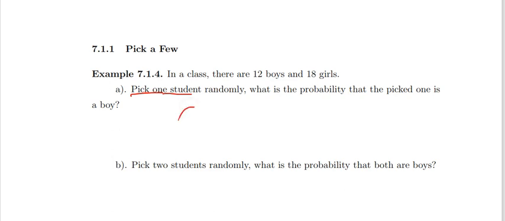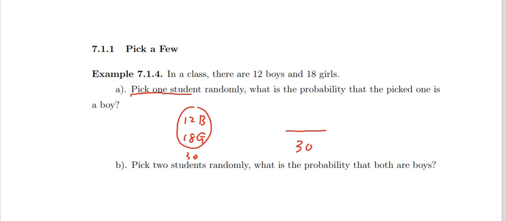So in our class, we have 12 boys and 18 girls. So totally 30, right? So from 30, pick one. So we say totally 30 cases. Can be pick this person, that one, right? Okay. So we have 30 kids. We can pick this kid and that kid.